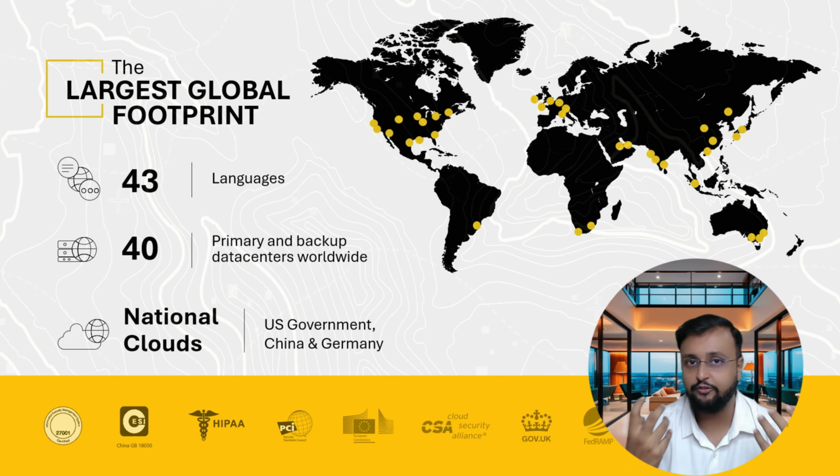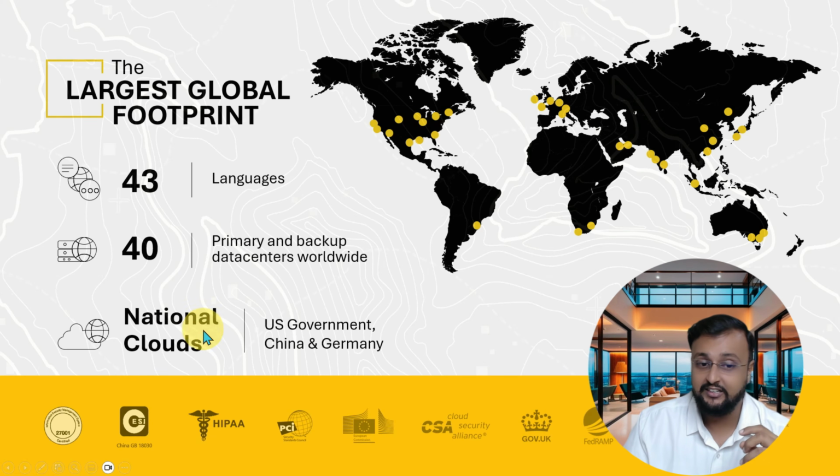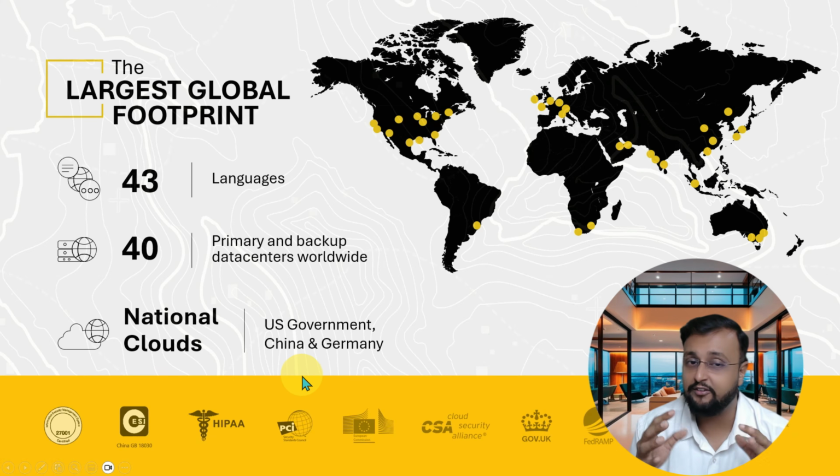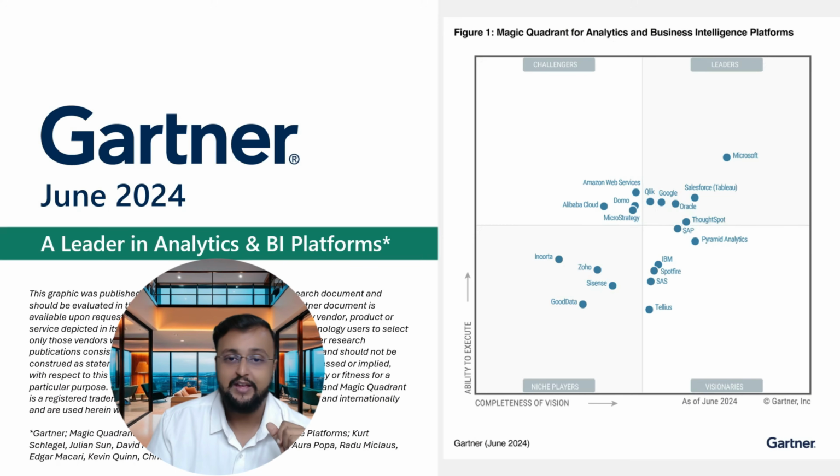For example, if you are in the US and have healthcare data, that data will not cross the US boundary. That also comes with great capabilities. Specifically, they have national clouds as well: a dedicated cloud for the US government, and for China, Germany, and Australia as well.